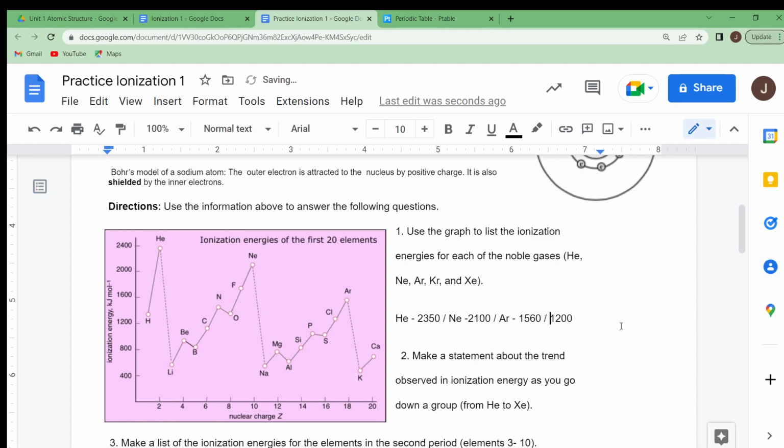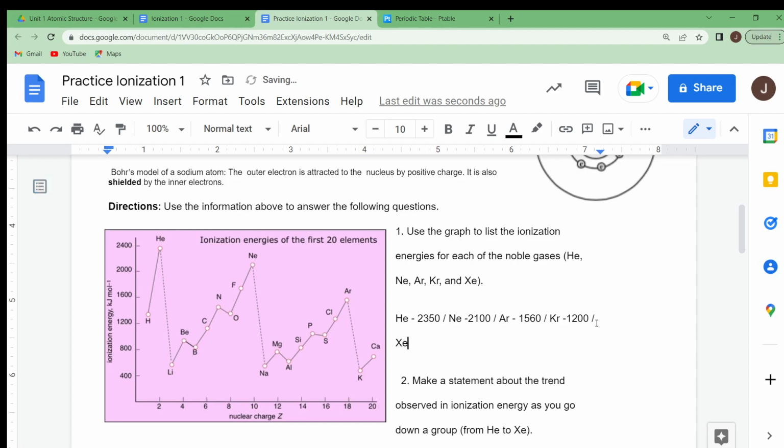And that would be krypton. So just by looking at the first three, I can predict about where the next two are going to be. And I'm going to say that xenon's probably going to be about 1000. I'm basing this on our three previous numbers here.